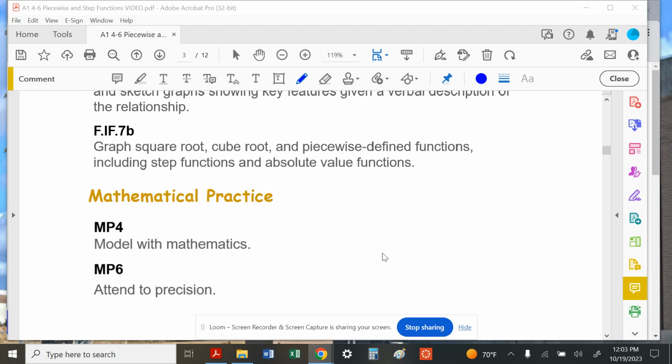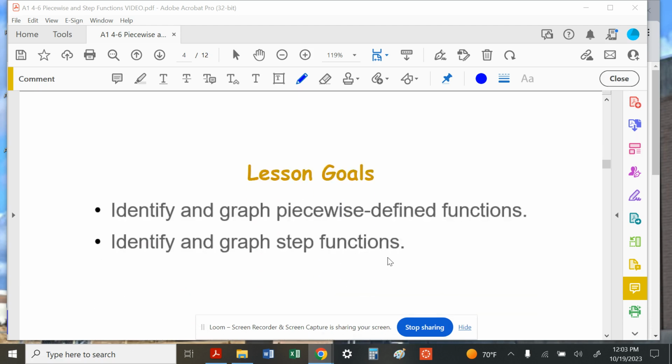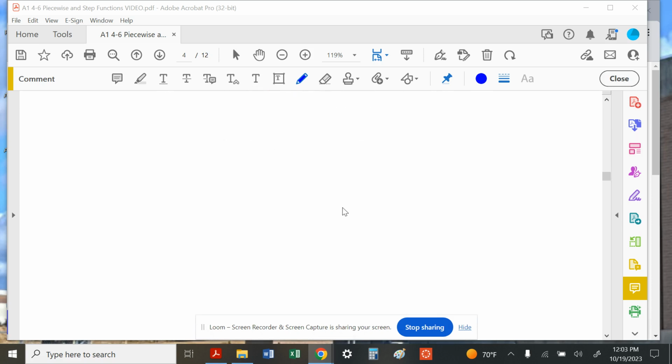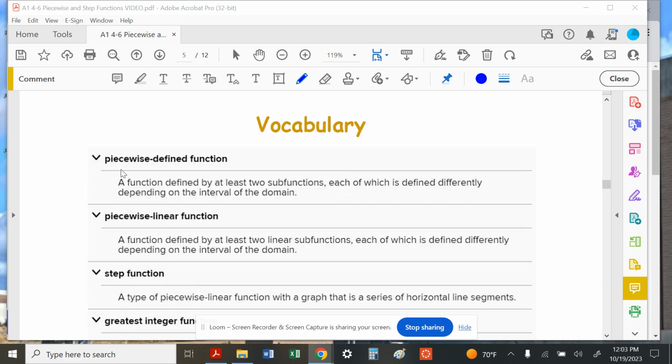Okay, the mathematical standards and practices you don't need to worry about. We are going to identify and graph these piecewise functions and also step functions. I already described what a piecewise defined function is. That can have any type of equation, so it can have lines, parabolas, polynomials, all that stuff we're going to learn to a certain extent in this class.